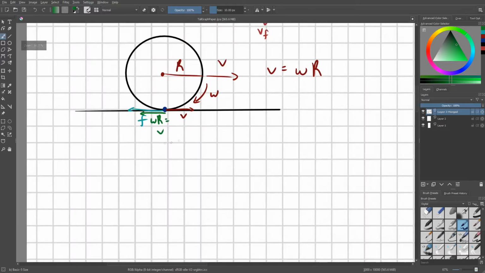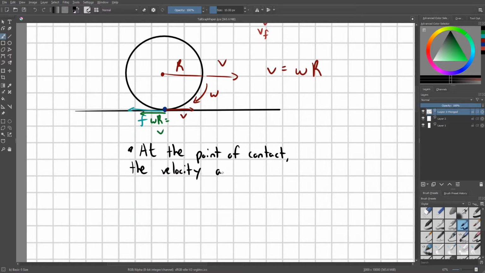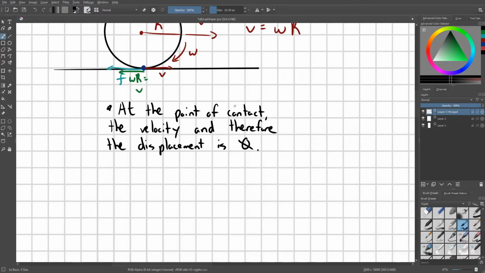So I'm going to make a note that at the point of contact, the velocity, and therefore the displacement, is zero, right?